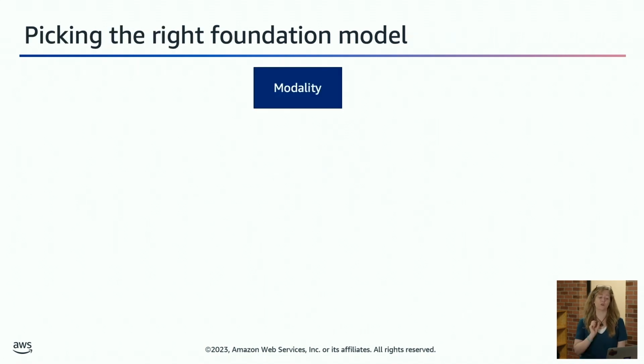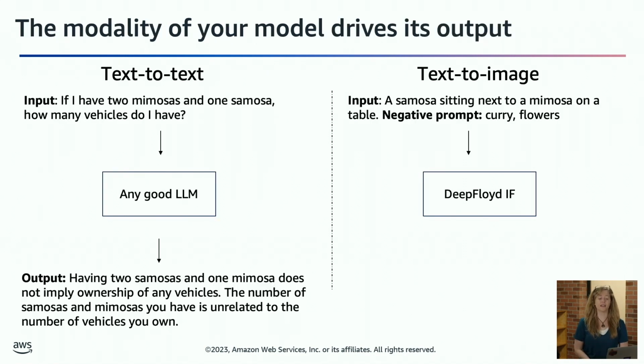And so to pick the right foundation model, the first step to consider is just the modality of this model. And again, as we learned, the modality of the model drives its output. So if I'm working with a text-to-text model, then I'll give it an input, which is, say, if I have 2 samosas and 1 mimosa, how many vehicles do I have?